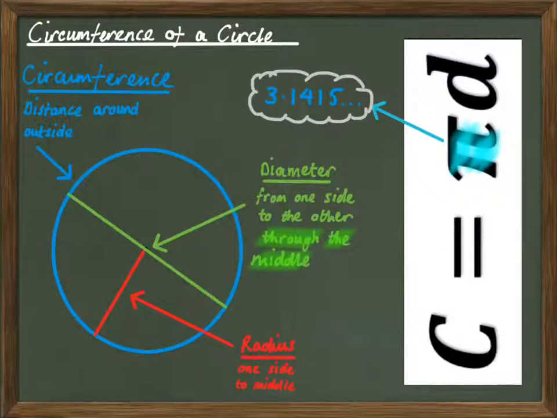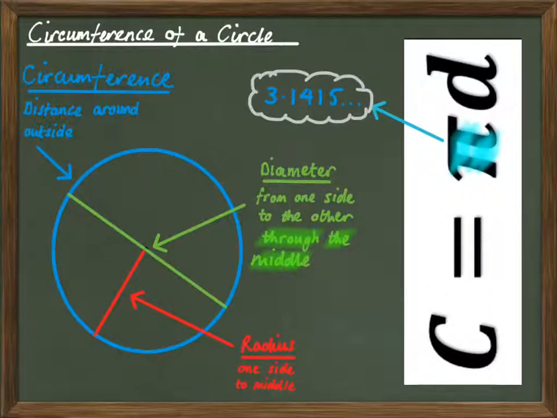If you measure any circular object, say a CD, you'll find that if the diameter of the CD is, say, 6 centimeters, the circumference, the distance around the outside, is just over, probably 18 centimeters. Or if you measure a bin lid, you'll find that the diameter could be 50 centimeters and the circumference could be 150 centimeters.